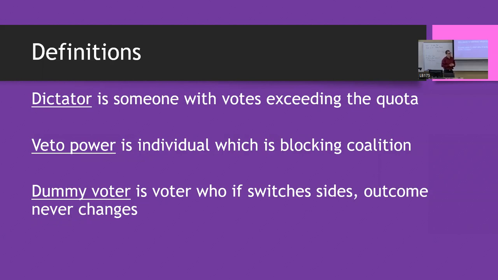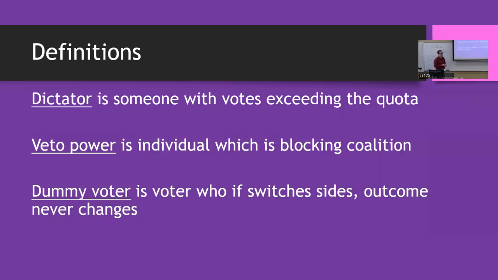Veto power is an individual who can block any motion. It's one individual who can block any motion. And then on the other end of the spectrum, a dummy voter is essentially a voter with no power. It means if they ever switch sides, it doesn't matter to the overall outcome of the vote.